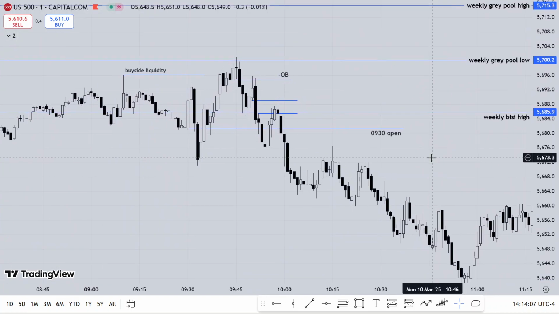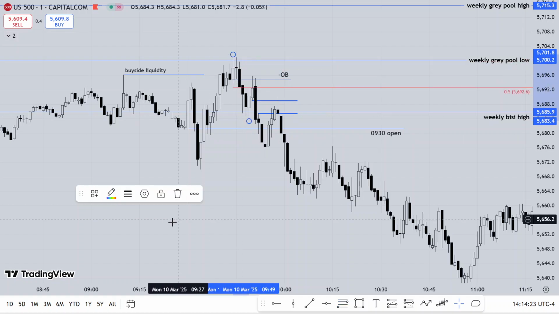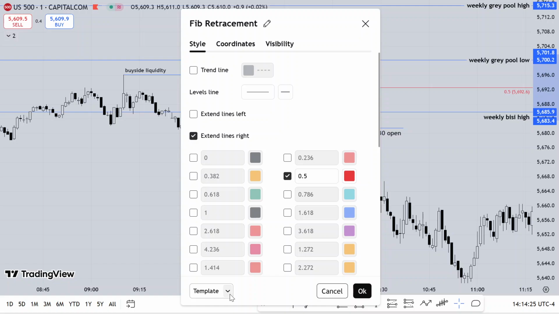Now, for profit taking purposes, say you sell from this bearish order block and your stop loss is above here. You take your fib from the high to the low, and then you look for the standard deviations of negative 1.5, negative 2.5, and negative 3.5.